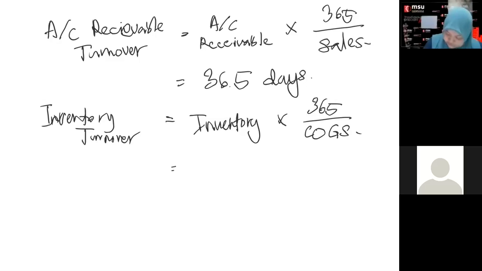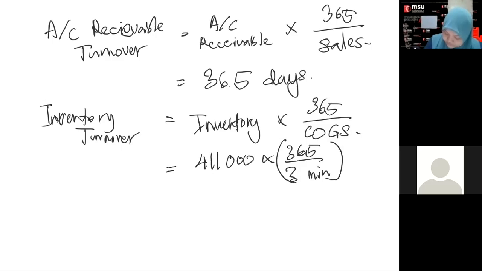So it is 411,000 times 365 divided by 3 million. The answer is 50 days. Try to answer this.